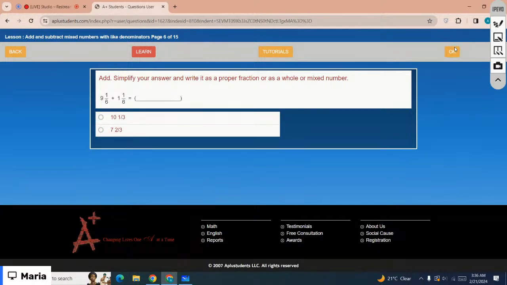Okay, the next one is 9 whole 1 over 6 plus 1 whole 1 over 6. Which is the correct option?